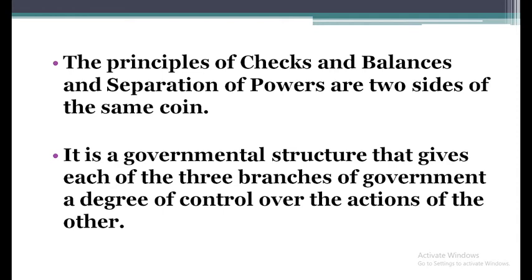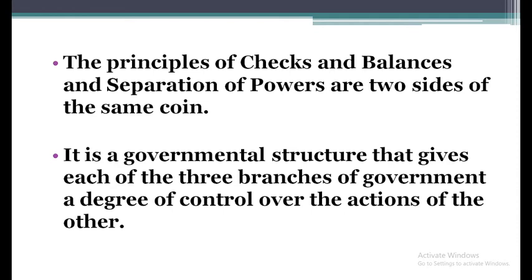Checks and balances is needed not only to prevent one branch of the government from becoming supreme or too powerful, but also to protect the minority from the majority and to induce the branches to cooperate.